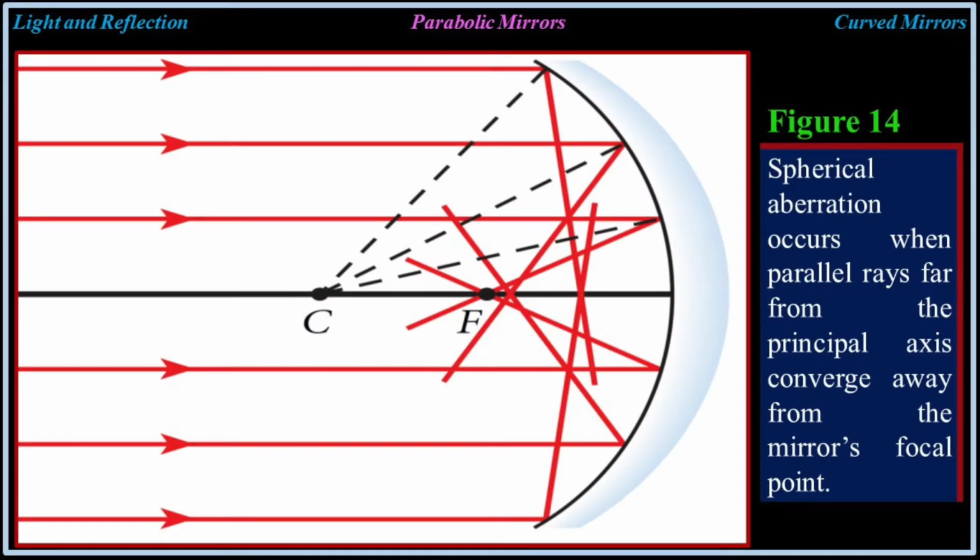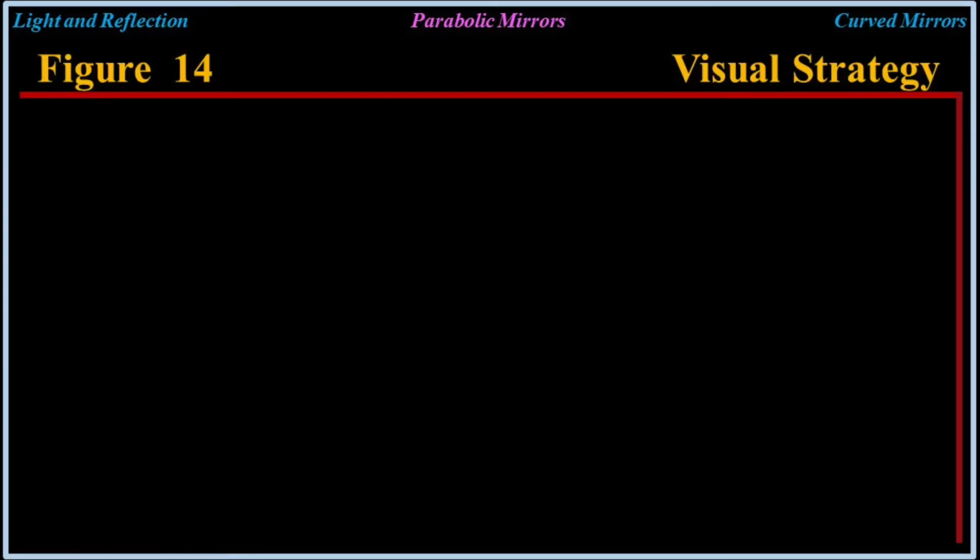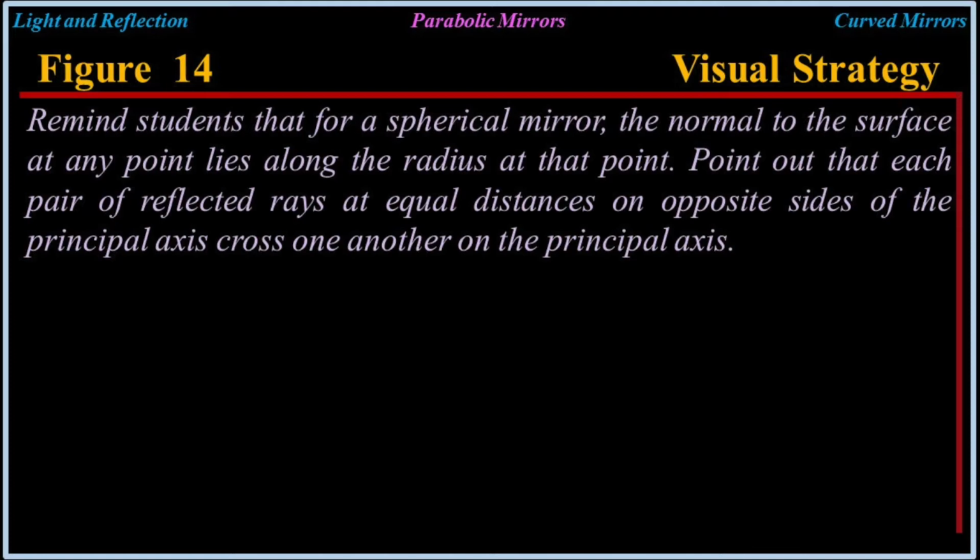Figure 14, spherical aberration occurs when parallel rays far from the principal axis converge away from the mirror's focal point. Sounds like what might have been the problem with the Hubble telescope. Here's figure 14, visual strategy.